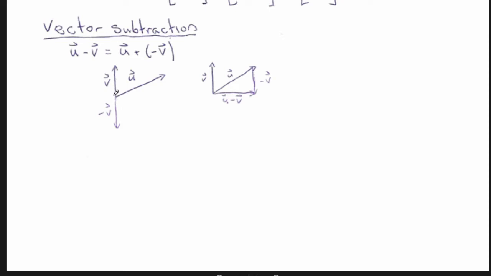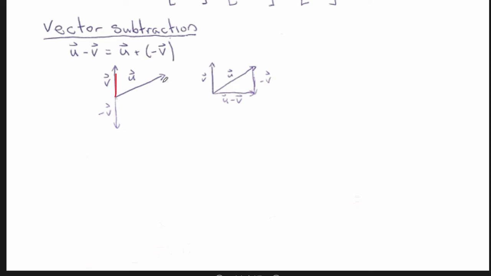So if I've got some vector v and some vector u, and I want to subtract them, I'm going to think about what negative v is. If I've got v, then negative v is just going in the exact opposite direction.